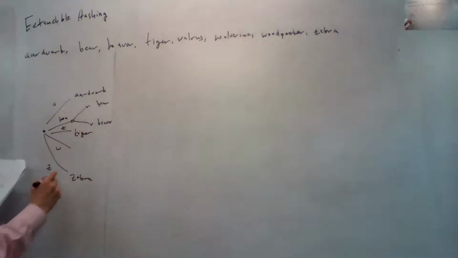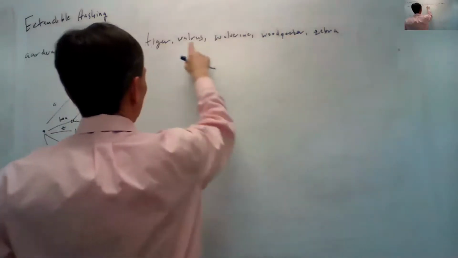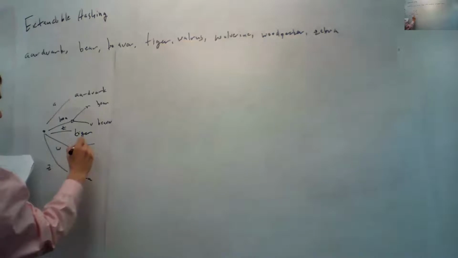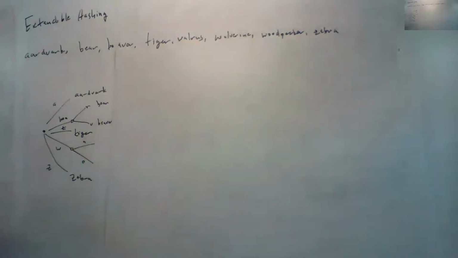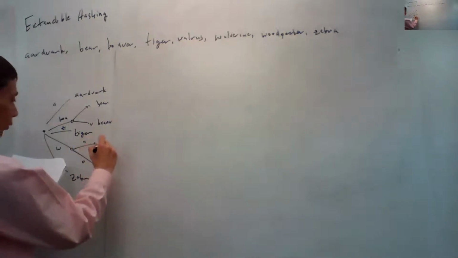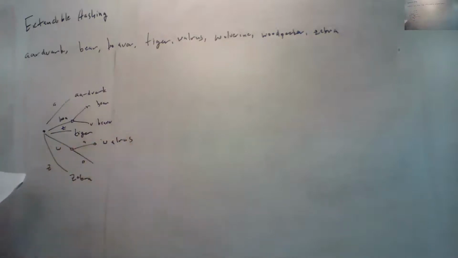And for W, actually, if we look at W, we have walrus, wolverine, and woodpecker. So we do have a WA and a WO. So we do have to take that into account. Okay. And here we end at walrus, WA, nothing else starts with WA. For WO, we have wolverine and woodpecker. And so we've already seen this.